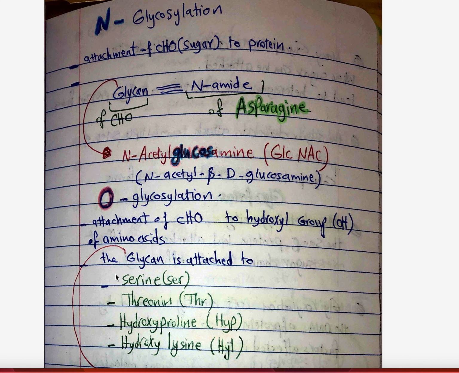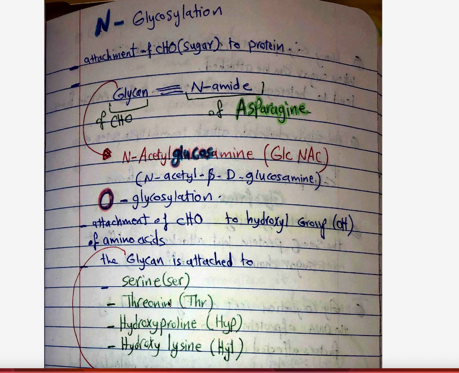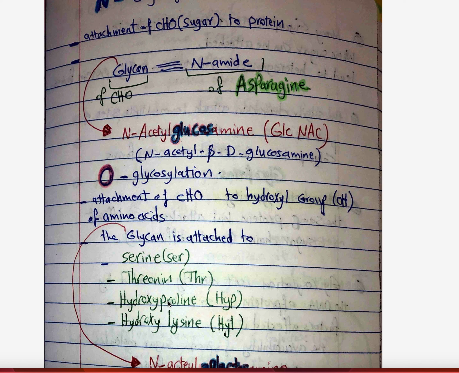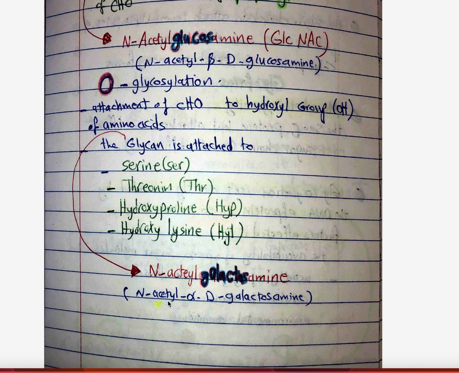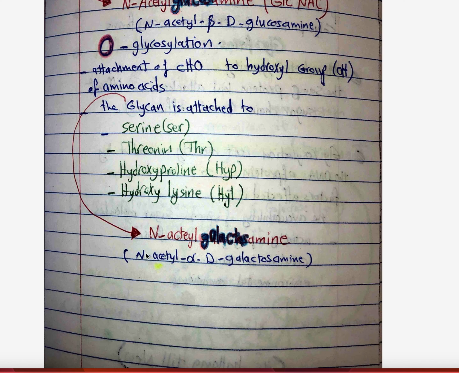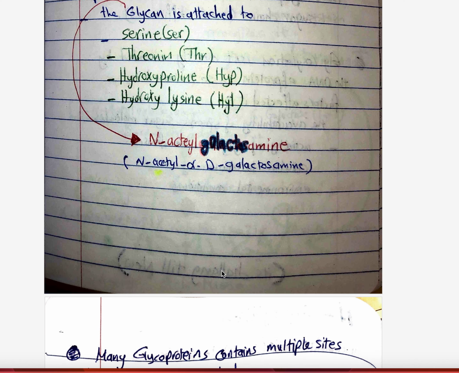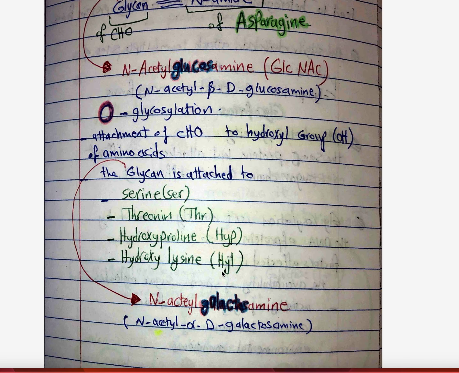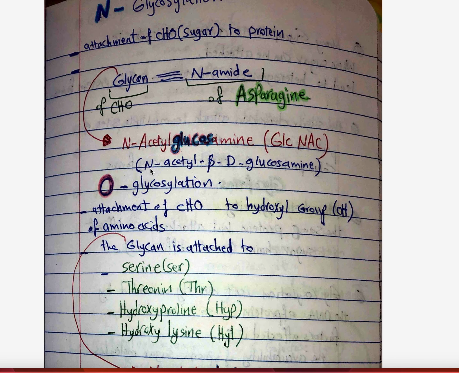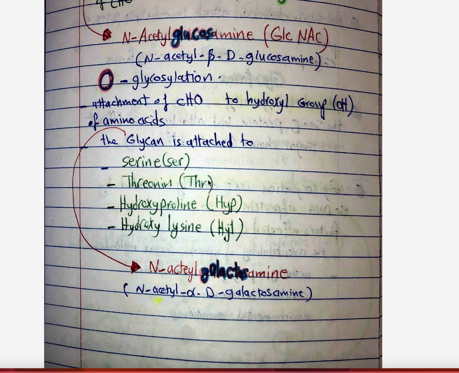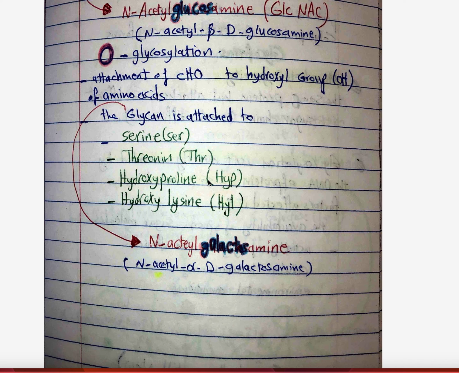So they bind to serine and threonine, and we can say it's O-glycosylation because it binds to the hydroxyl group. That leads to the formation of N-acetyl alpha-D-galactosamine. So in the case of the N-terminal, that leads to the production of N-acetyl beta-D-glucosamine, and here N-acetyl alpha-D-galactosamine.